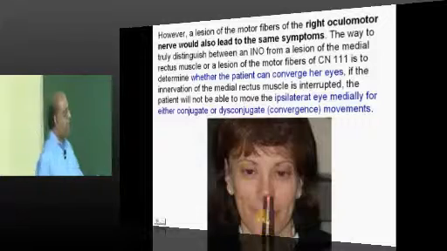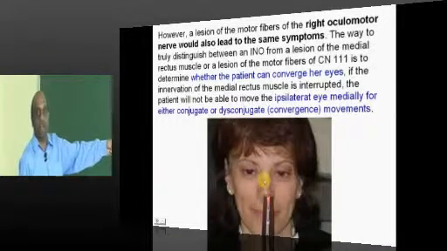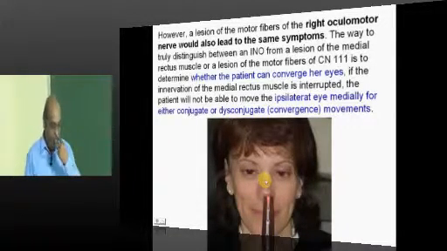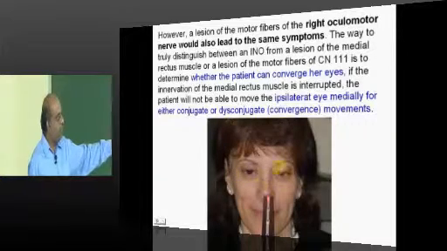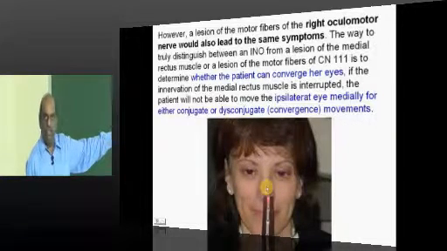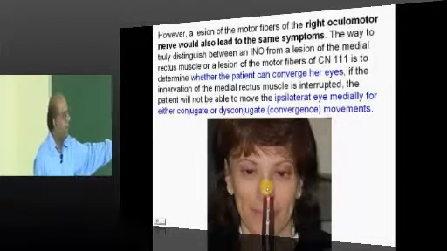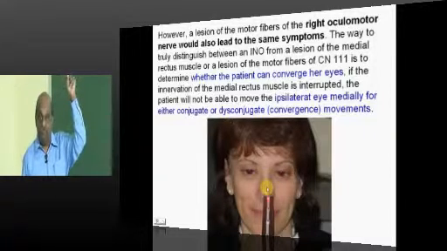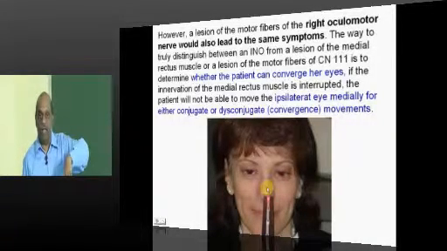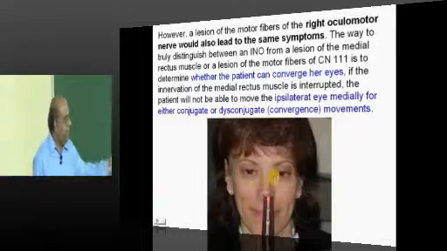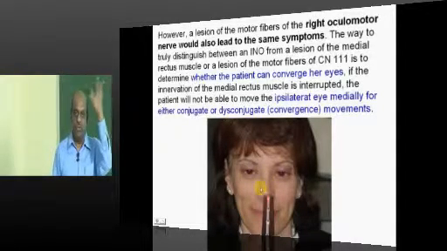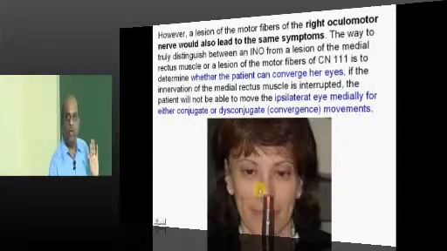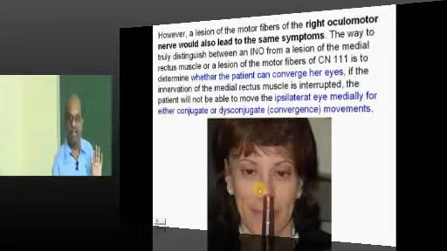You ask the person to look towards a close object. When we have to look towards a close object, what do the two eyes need to do? They need to converge. If the lesion is in MLF, not in oculomotor nerve, for the convergence, MLF has nothing to do. MLF is only a broker between third and sixth cranial nerves.